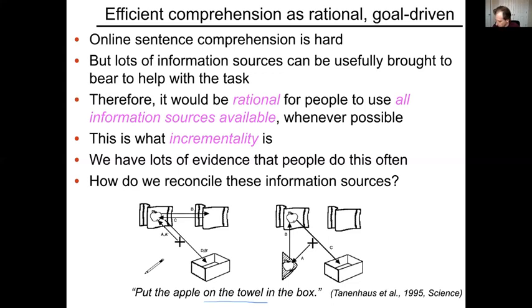In scene 1 on the left, where there's only one apple and there's an empty box and an empty towel, "on the towel" is a very natural interpretation as a modifier for put when you first hear it, because put needs a location phrase and "on the towel" offers it.